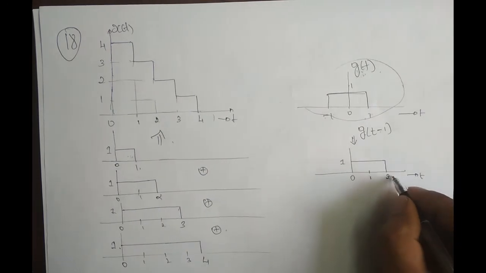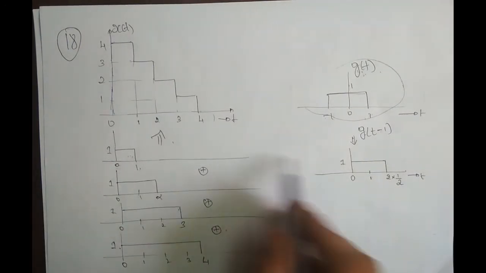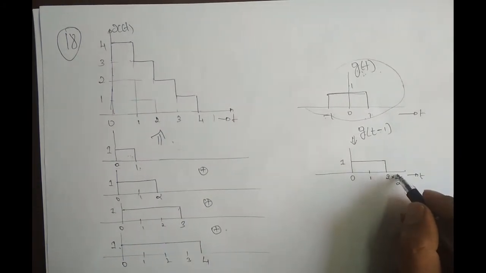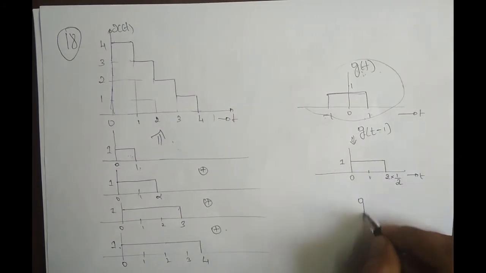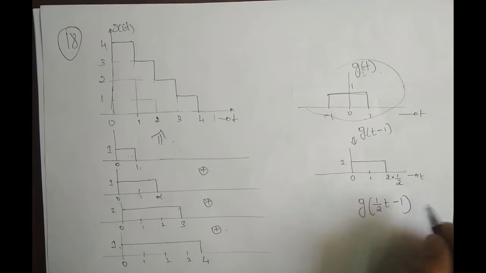So I have to multiply here with 1 by 2. When I multiply this with 1 by 2, what happens? 2 cancels out and amplitude comes to 1. So I end up with this signal, right? Now since I multiplied this by 1 by 2, what is that? g of 1 by 2 t, this is the scaling part, minus 1, which is the shifted part.